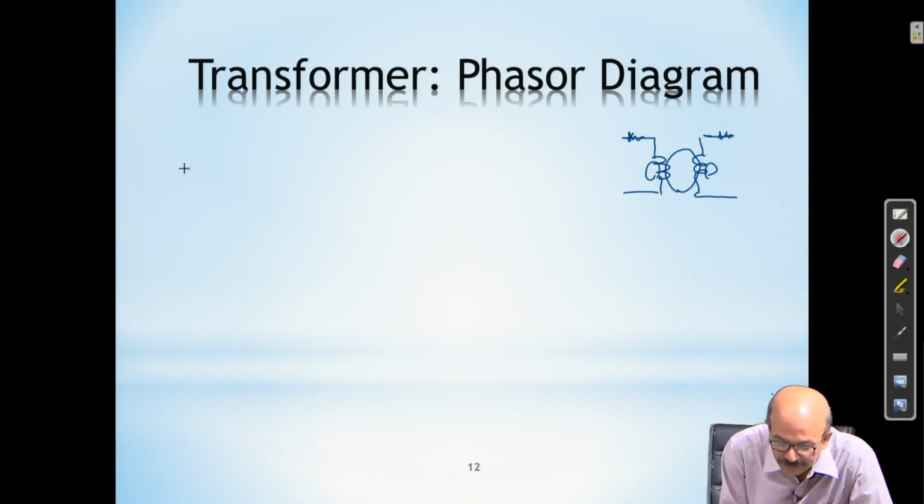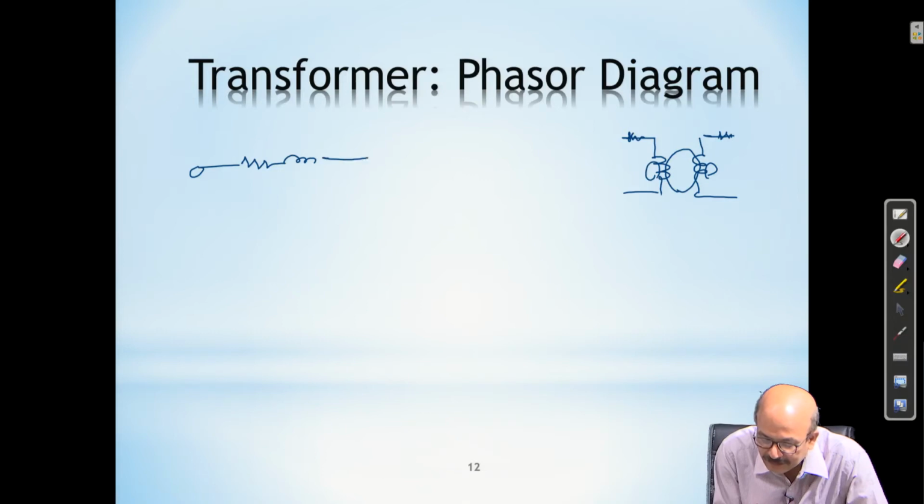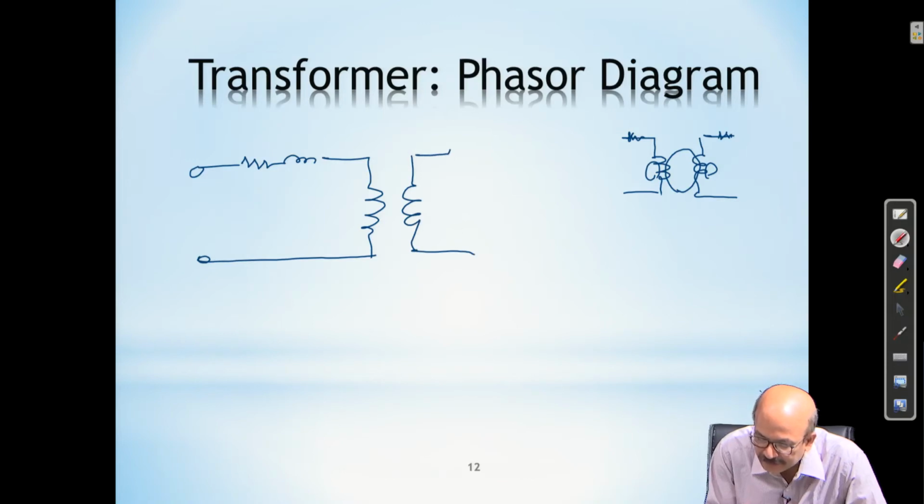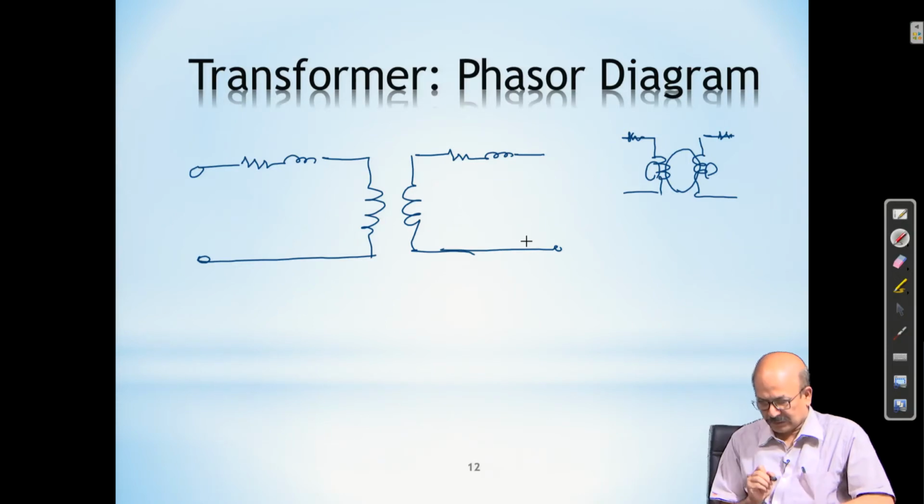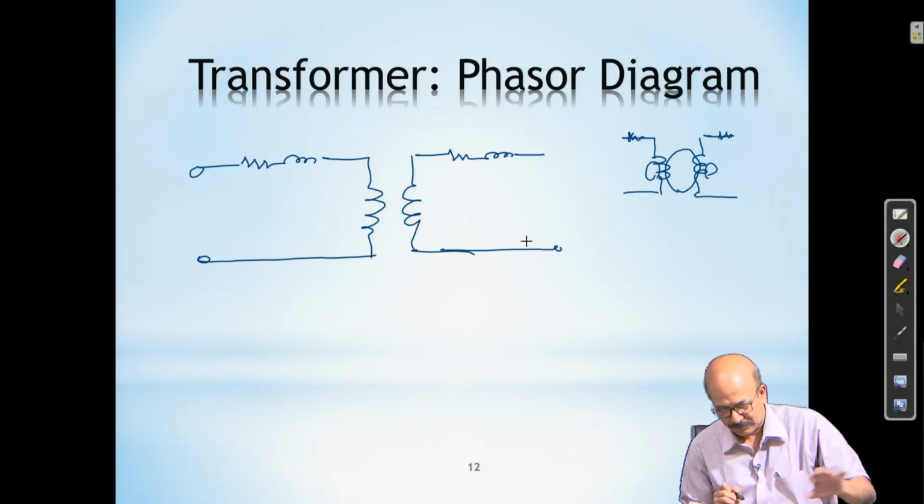So, if you see the transformer equivalent circuit for the real transformer, this is for the primary and this is for the secondary side. For the time being, I am not putting the core loss branch.